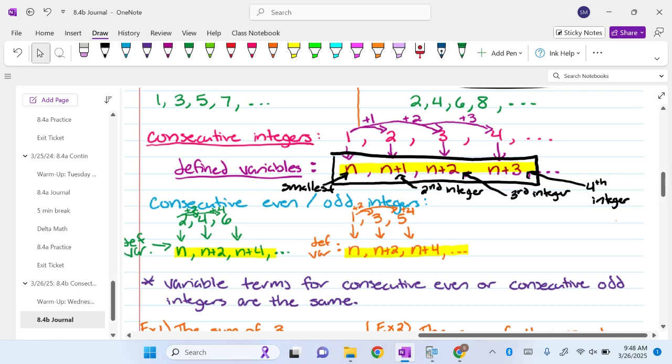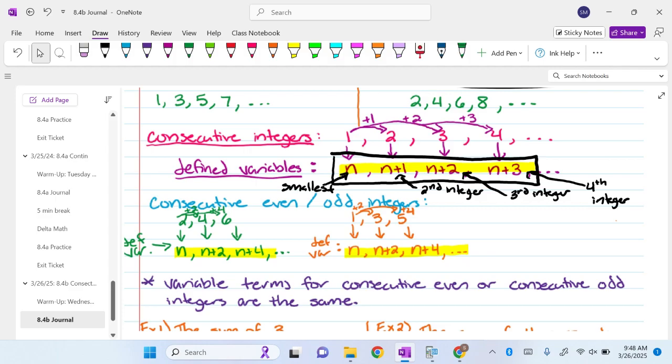Why am I adding 1 to n to get my next integer? Why do you think? Right. So for example, if I said my smallest integer is 7, what would my next one be? 8.